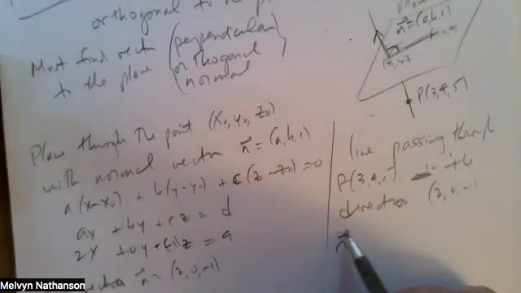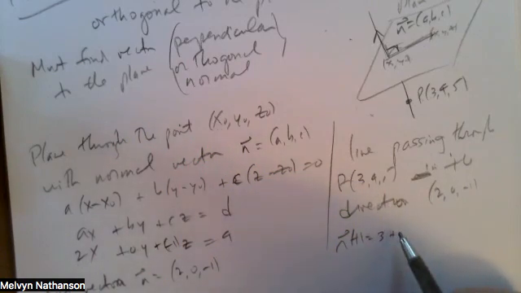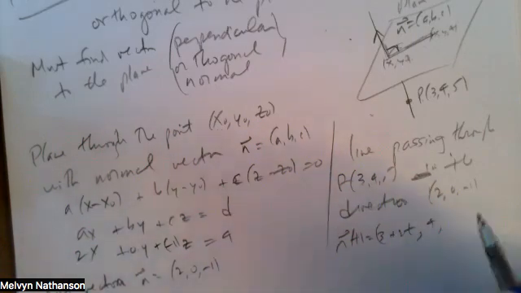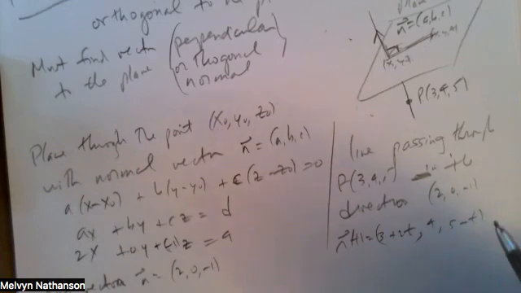So this line r of t will be 3 plus 2t. That's the first coordinate. The second coordinate is 4 plus 0t. And the third coordinate is 5 minus t.